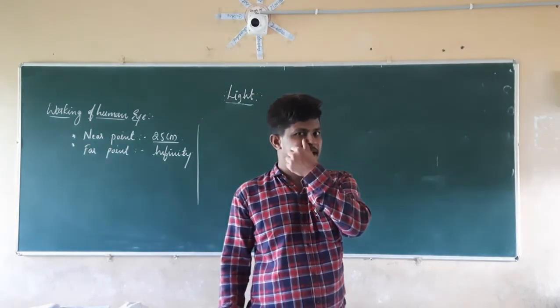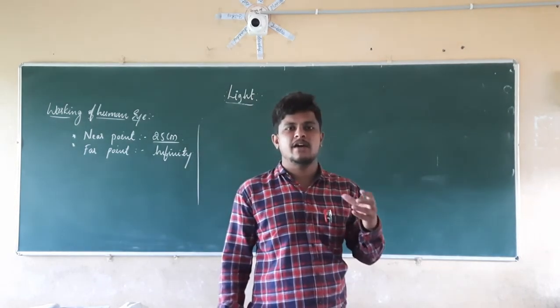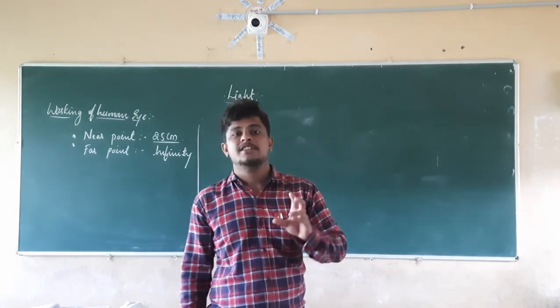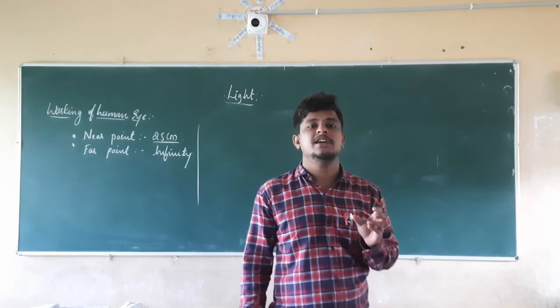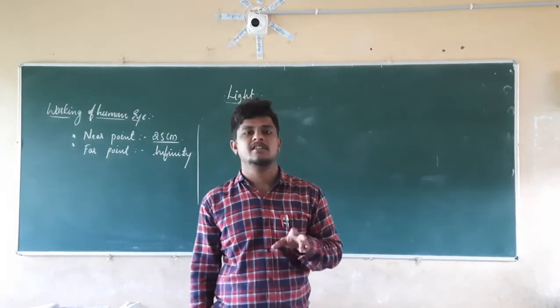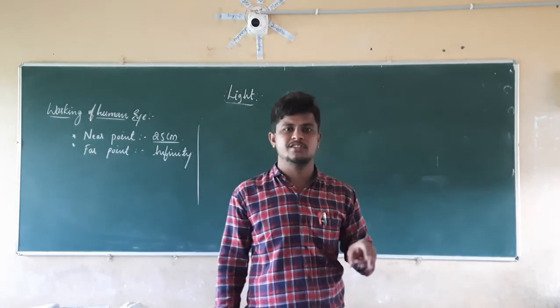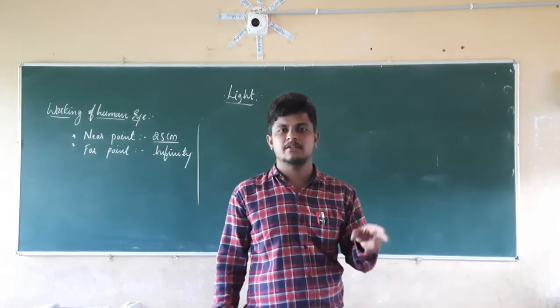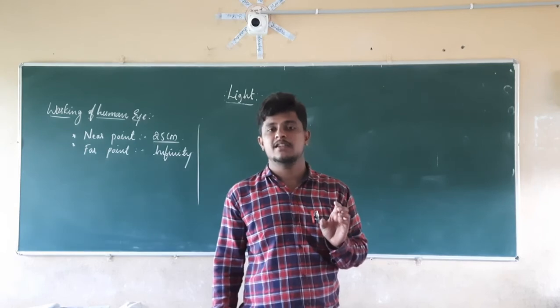That white color change in the jelly-like lens is known as the cataract. That cataract may lead to complete loss of vision, or those persons are not going to see any objects clearly. So it is another defect of the human eye, that is nothing but cataract.